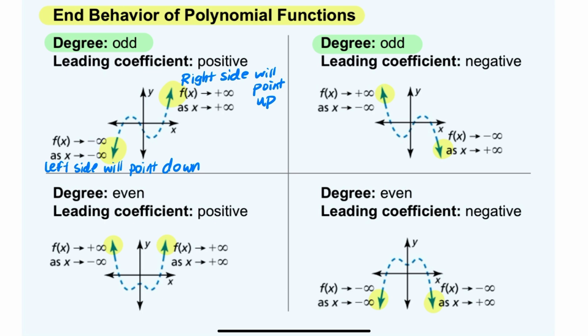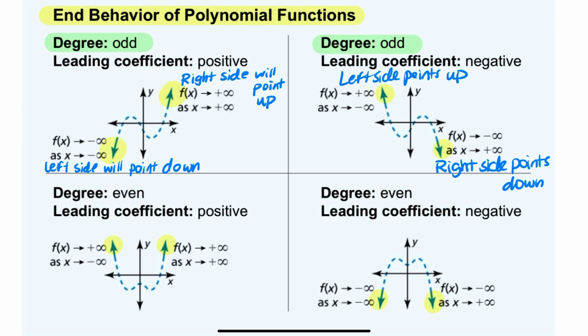That's how odd degree functions work. Okay? So as you can see on this side, the left side points up and the right side points down. Okay?